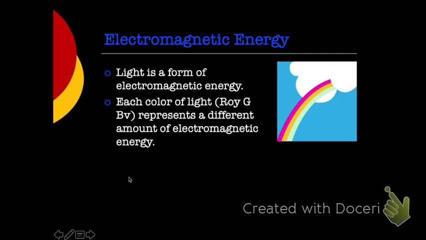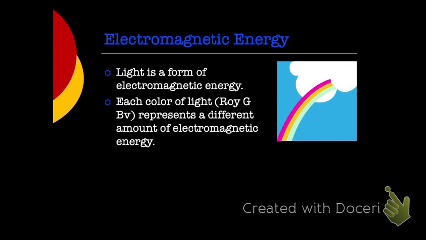And then all the colors we see represent different amounts of electromagnetic energy. So when we see different colors, it has to do with electrons and how much energy they have. And then when they fall, it emits a light at a certain color. We're not going to go into a bunch of this, but different colors of light happen on different wavelengths of energy.